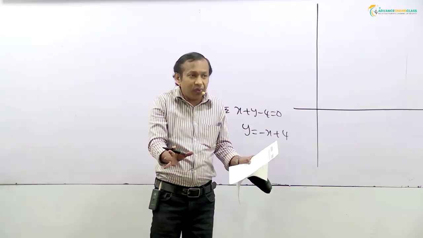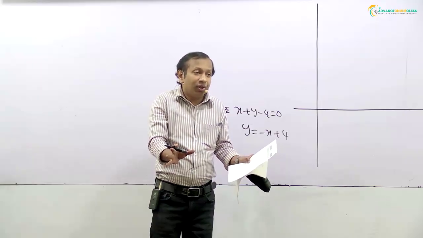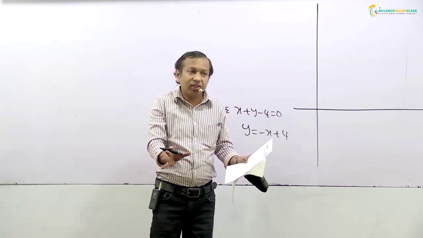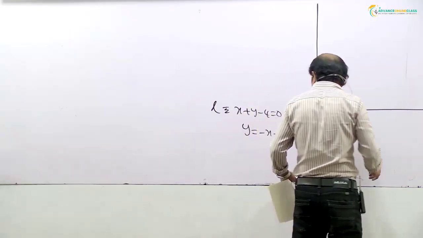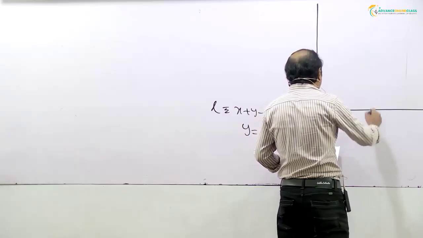But if we can draw it, it will be important and easier to get the final answer. In this case, it does not affect our final answers, but I draw it like this.